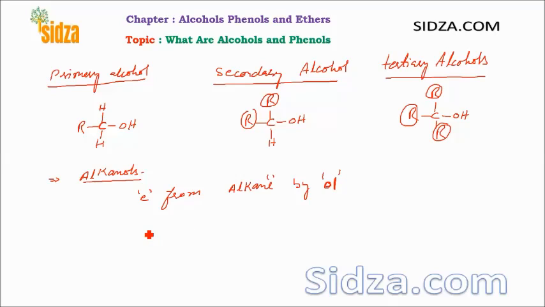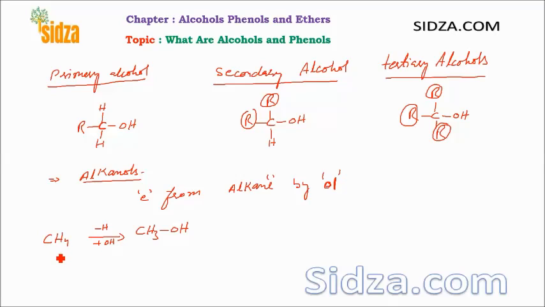For example, if we have here CH3OH, this is an alcohol. The parent hydrocarbon from which this alcohol is derived is methane, CH4 actually, and from the CH4 we have replaced one of the hydrogen atoms by the hydroxyl group, right?